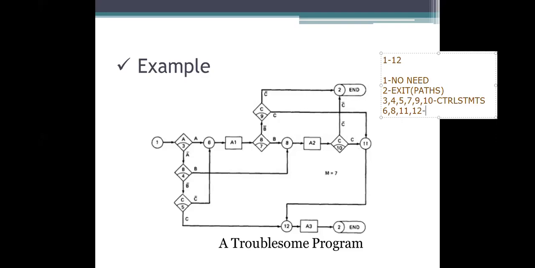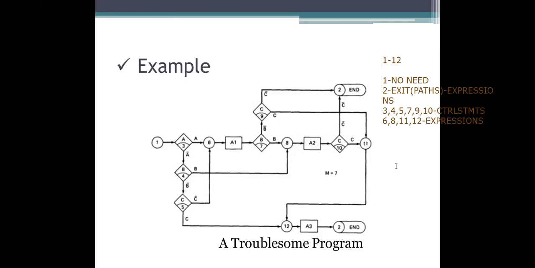So we should write the path expressions for this one also. So here and here we are writing path expressions to reach that nodes. So what are the total nodes we are getting for the processing?